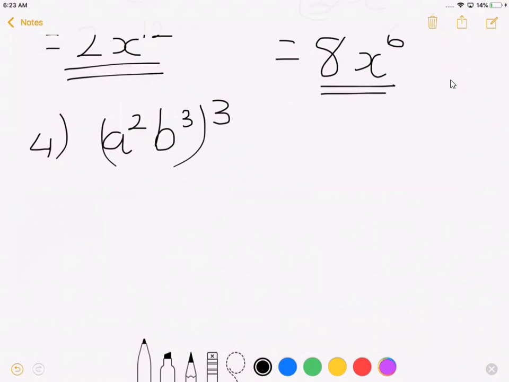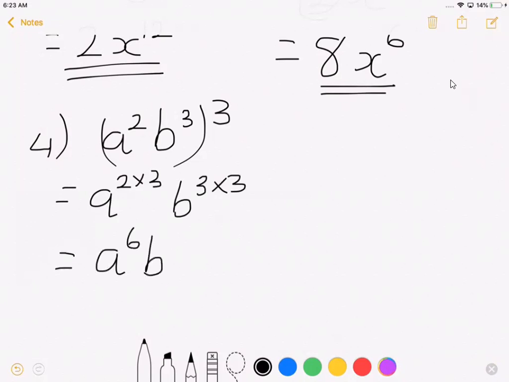So it's going to be a to the power of 2 times 3, because it's a power of a power, and b to the power of 3 times 3, because it's also a power of a power, which is equal to a to the power of 6, b to the power of 9.